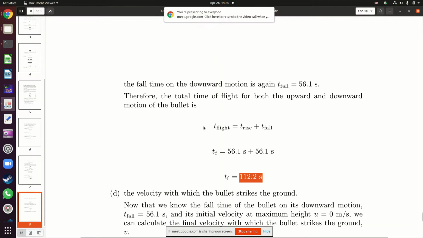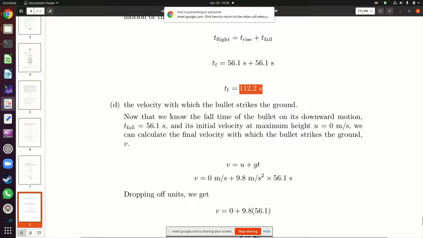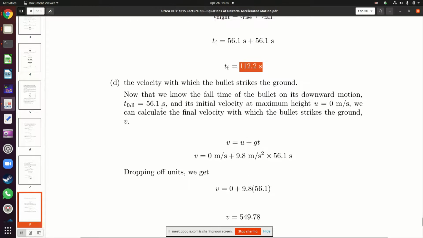Okay. Next, we move to work out the velocity with which the bullet is going to strike the ground. Now, this bullet is coming from maximum height, and at maximum height, the velocity or the initial velocity the bullet had was 0 meters per second.